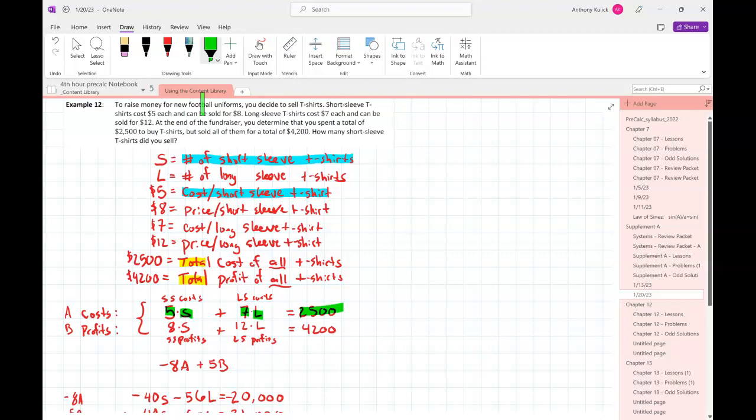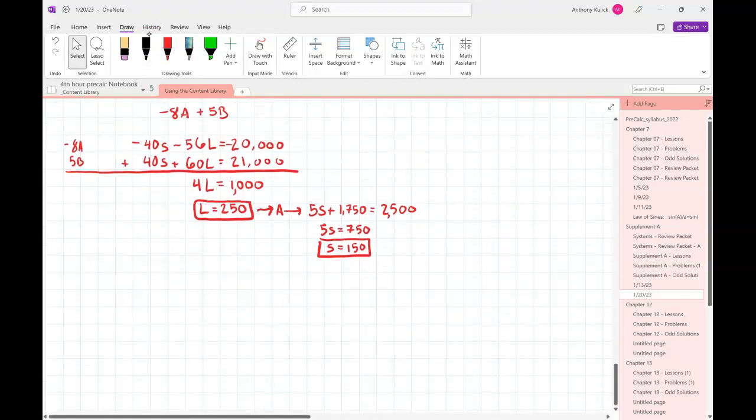That's a very, very common setup for these kind of system story problems. Okay? Super, super common. All right.